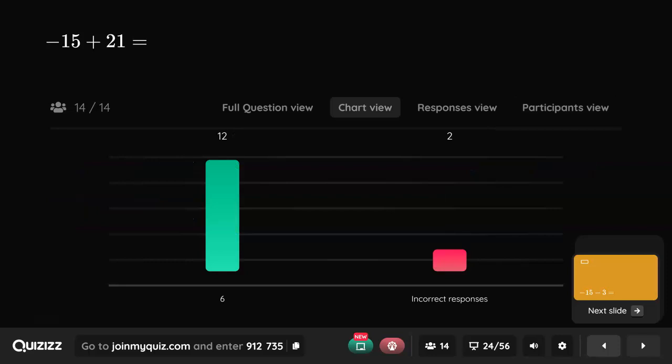Okay. Different signs, subtract and keep the larger. Okay? So 21 minus 15 gives me 6. 21 is bigger, so we're going to keep it positive. All right? Next one.